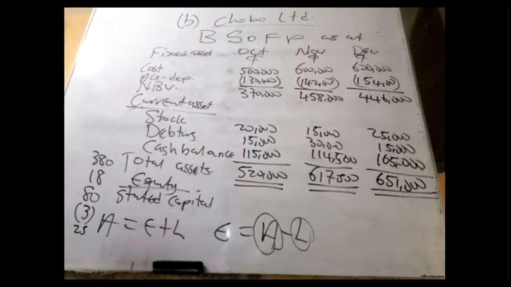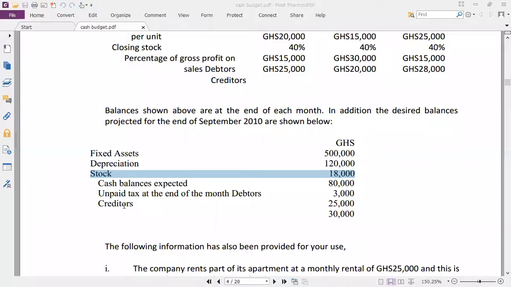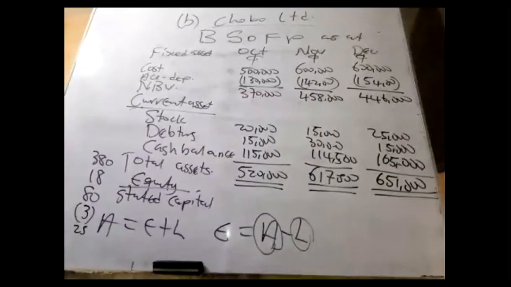It's an asset, so positive. Or if you like, you can add all the assets before the liabilities. Creditors is 30,000, so I'll subtract. Any answer for me? 503. Good.